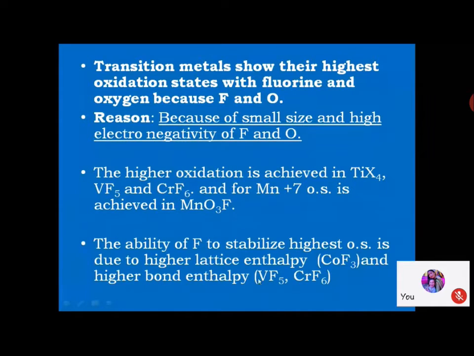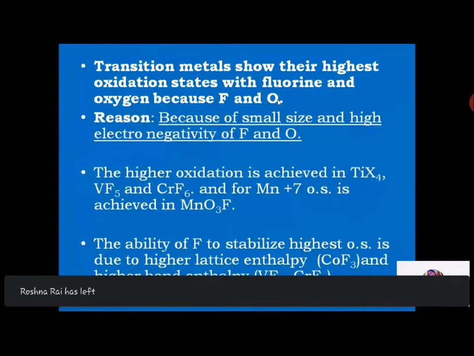So fluorine can stabilize the maximum or highest oxidation state of the element. Chromium has +6, vanadium +5 and cobalt +3. Again, transition metals show the highest oxidation state in fluorine and oxygen.